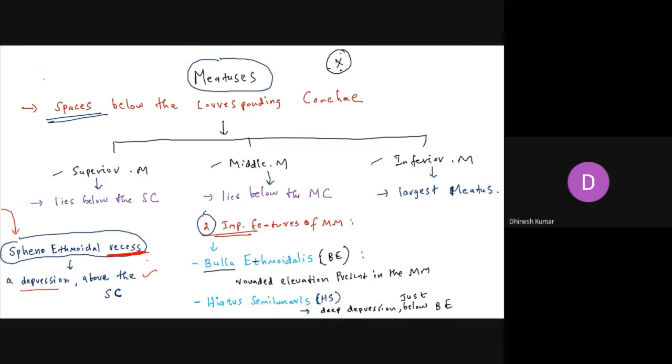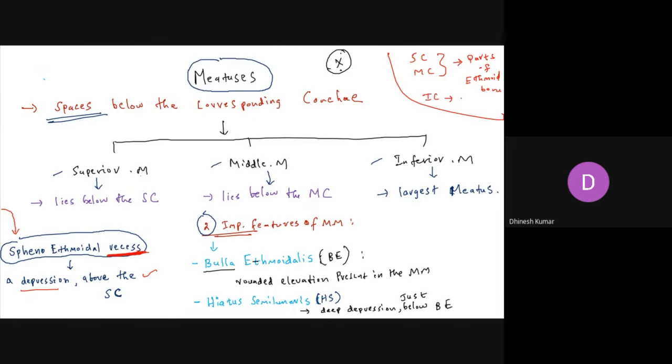Fine. Now I hope you are clear about the various concha and meatus. I told you superior concha, middle concha, inferior concha, right? Out of these three, remember, superior concha and middle concha are both parts of the ethmoid bone. What about the inferior concha?